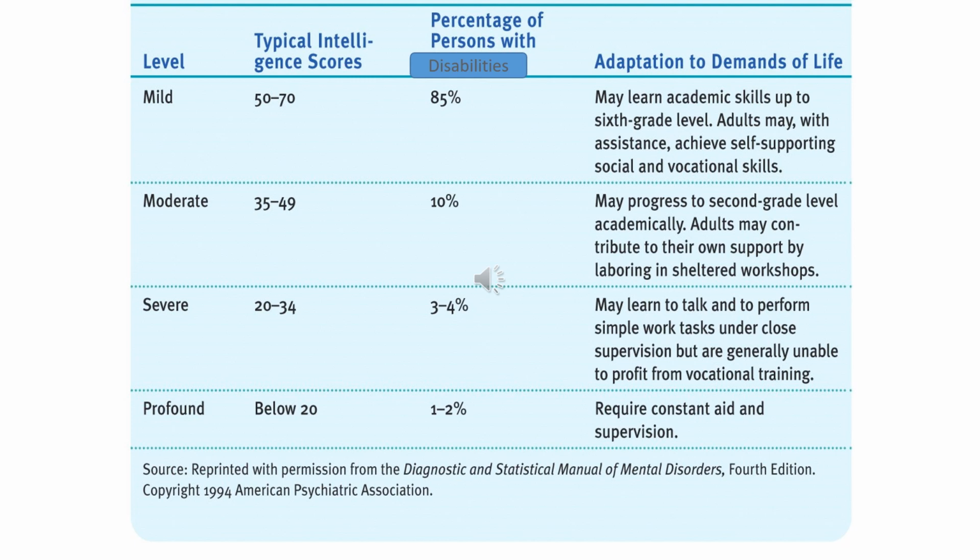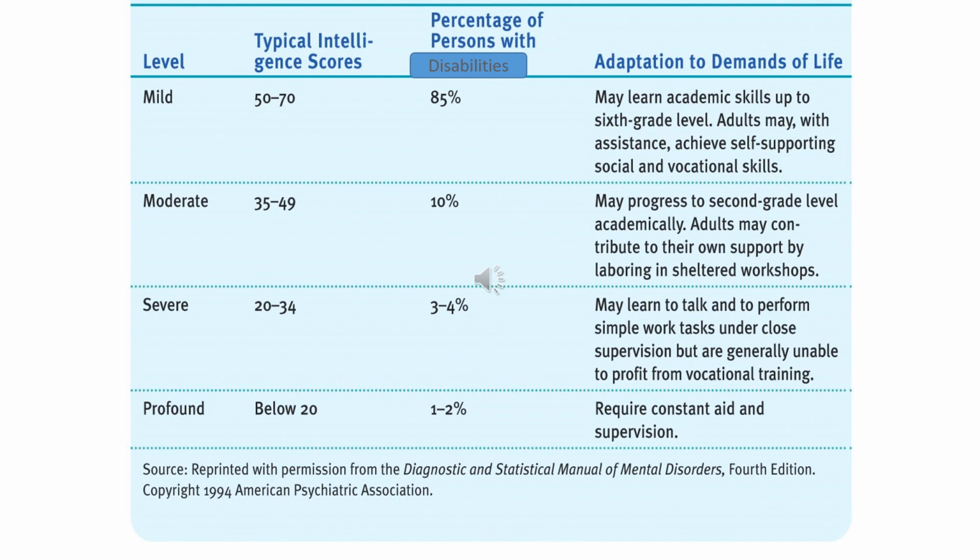In this category, the limitations are that people who fall in the mild category can progress to a middle school level mentality. I know it says sixth grade here, but you're looking at anywhere from sixth to eighth grade level.